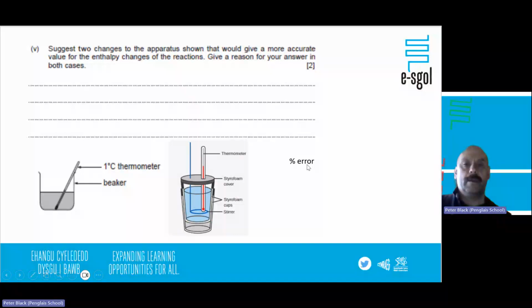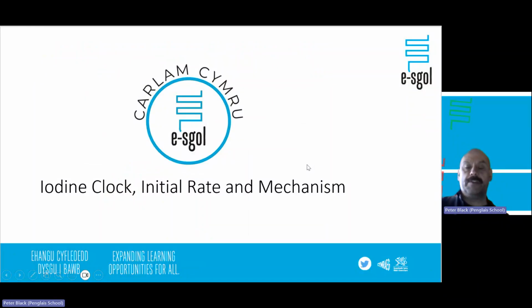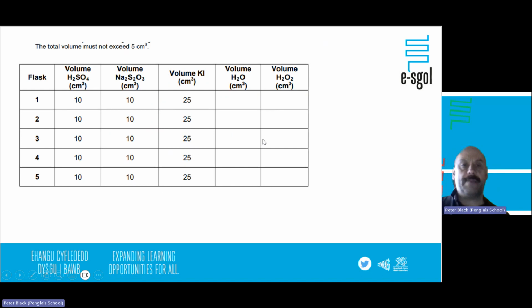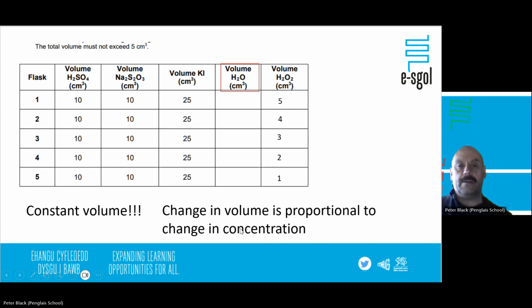Okay, that brings me on to session 2, where we looked at the iodine clock reaction, initial rate and mechanisms. So there was our iodine clock reaction. If you remember, in this practical we talked about having a constant volume, and basically what we'd have to do is add water so we get an overall constant volume of 50 centimeters cubed.